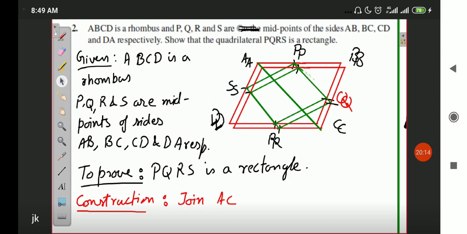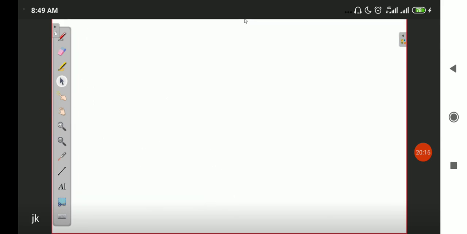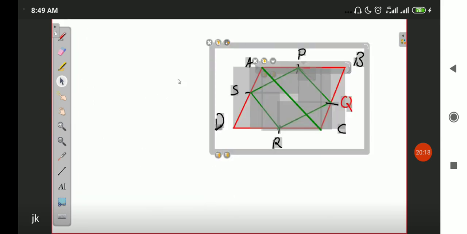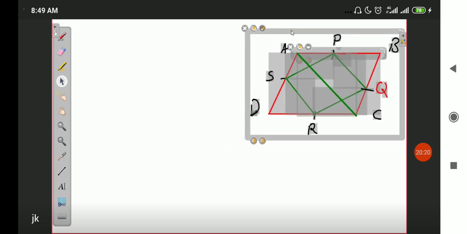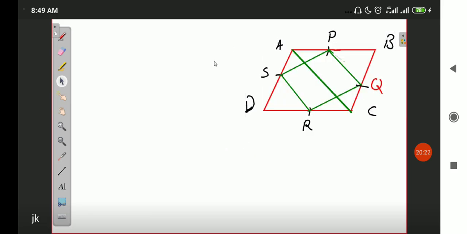Let us use the next page only. This is our diagram, and this time we will prove that PQRS is a rectangle.